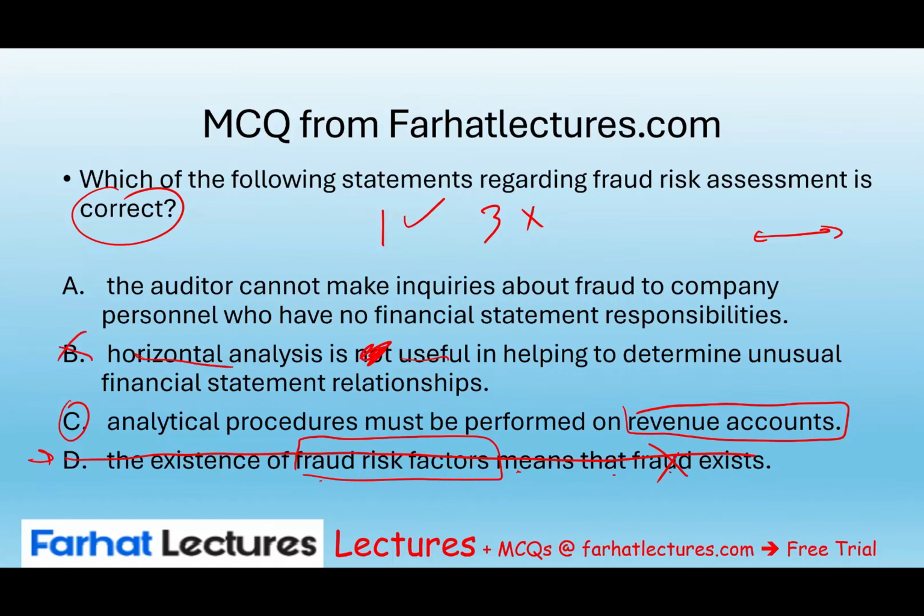Therefore, B is incorrect. A. The auditor cannot make inquiries about fraud to company personnel who have no financial statement responsibilities. Oh no, you want to also talk to people in operations, because sometimes people in operations might know something that could be innocent for them, but it could be valuable for you. You want to talk to them as well. Therefore, yes, you talk to people in operations, not just people with financial statement responsibilities.